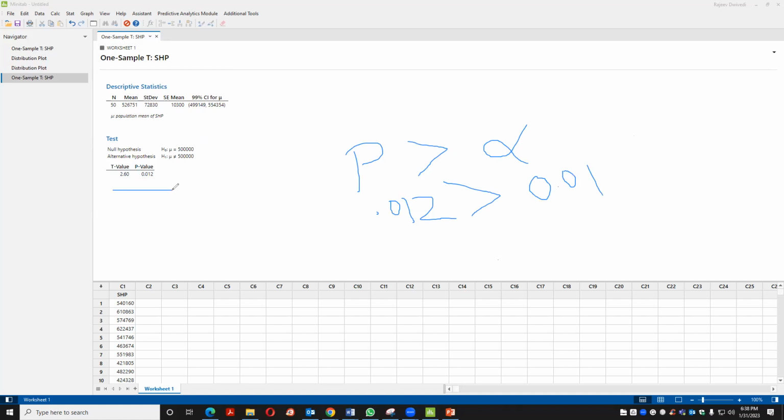So at 99%, you can say that the mean price of the Spokane South Hill area is about 500,000. But at 95% you can't say that. So this is hypothesis testing.